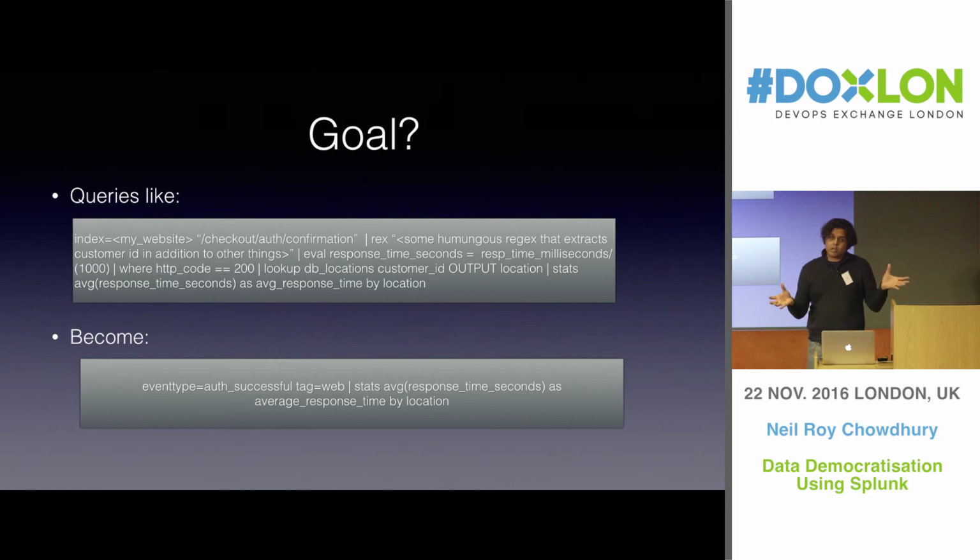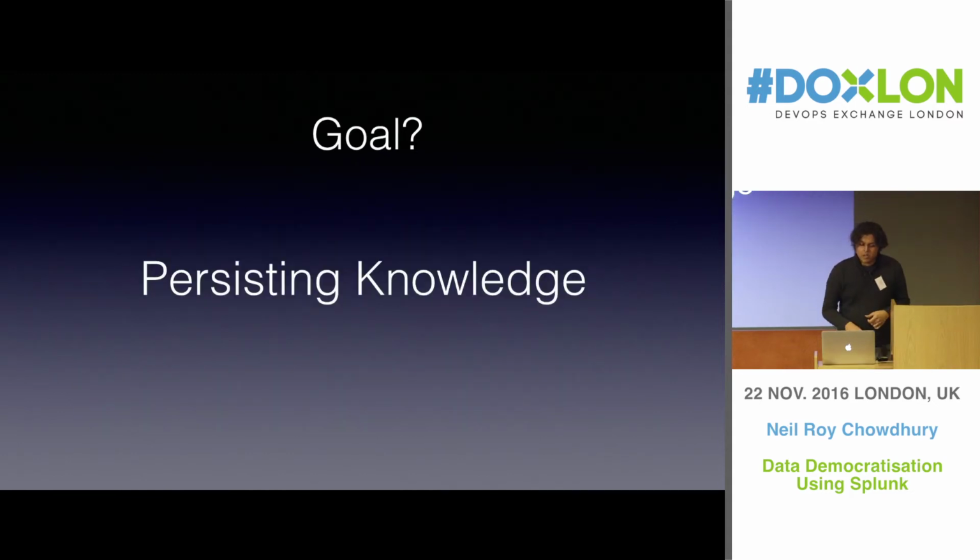But once you've committed a lot of this knowledge in as knowledge objects, it becomes significantly easier for you to search, and significantly easier for your developers to search as well. But another goal of this is that it's persisting your knowledge, right? I can go in and implement knowledge about my data, and somebody else can come along and use that knowledge for their own benefit as well.